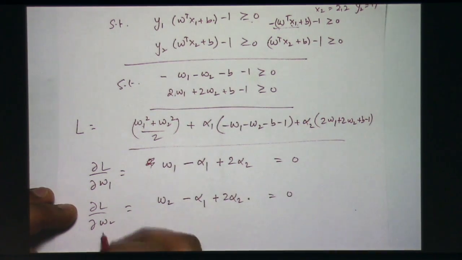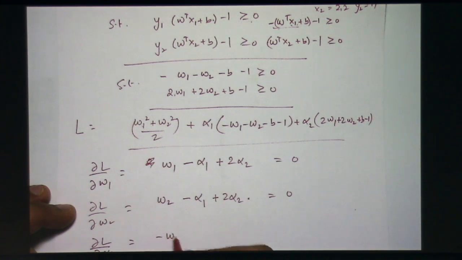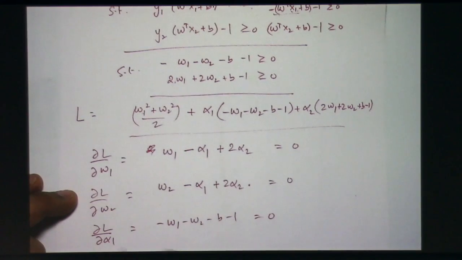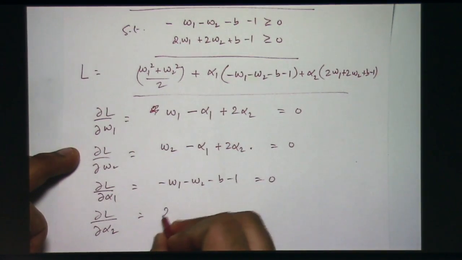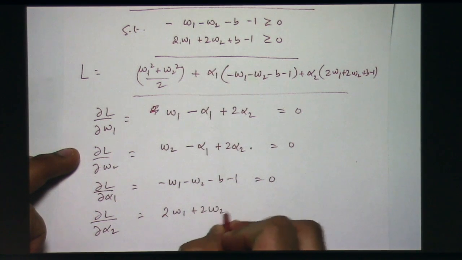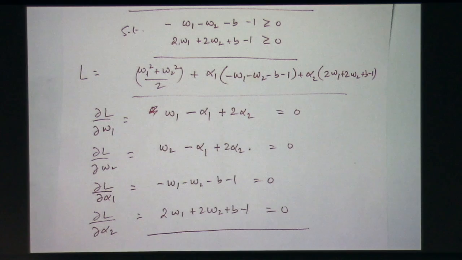It's very symmetric. Then dL over d alpha 1 will be minus w1 minus w2 minus b minus 1 equal to 0, and dL over d alpha 2 will be 2w1 plus 2w2 plus b minus 1 equal to 0. So here's the whole thing.